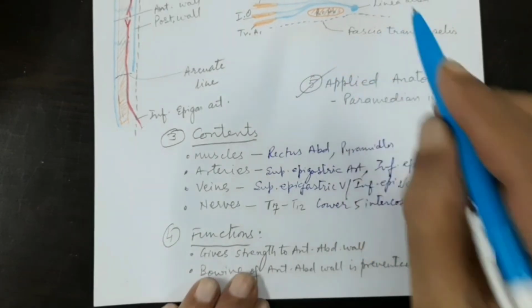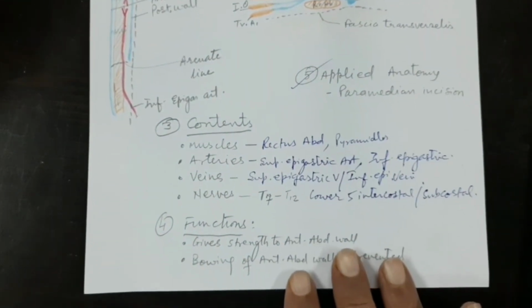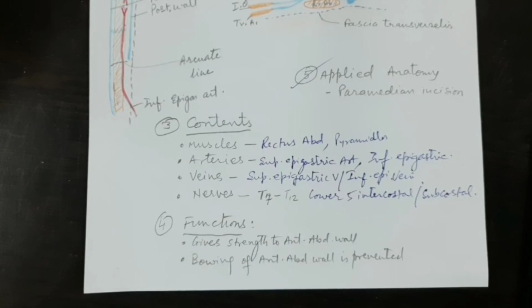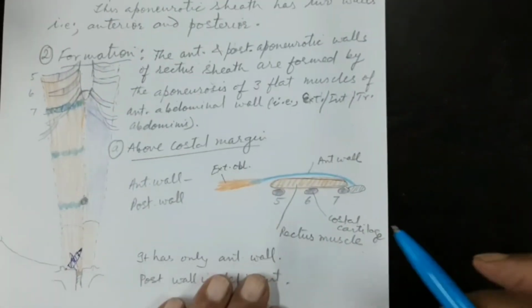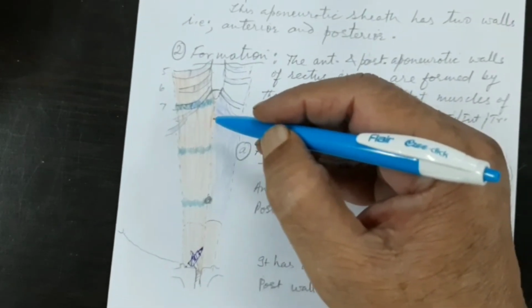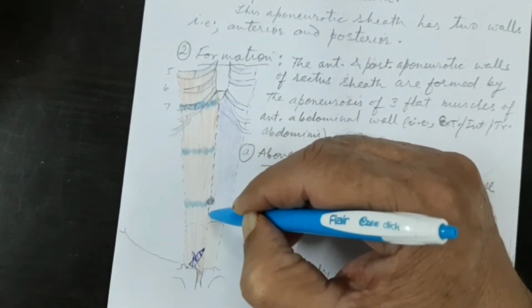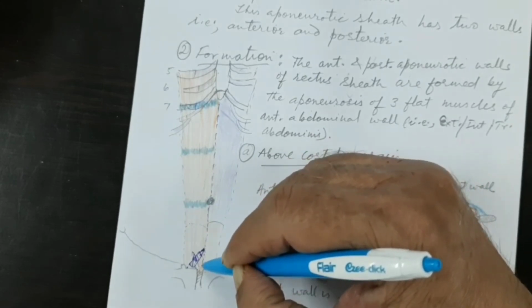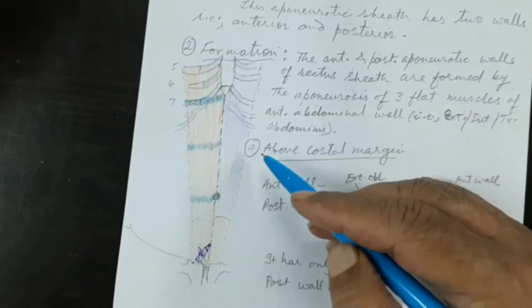Lastly, let us come to the applied anatomy, and I will tell you one point. The sheath forms on either side of the median plane. Here, this is the median plane, and this dotted line is the linea alba, a fibrous band to which the aponeurotic sheath attaches.